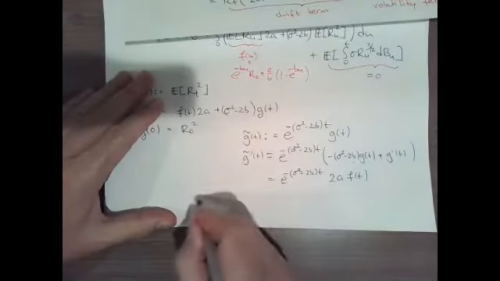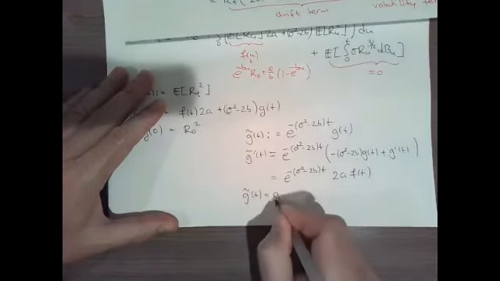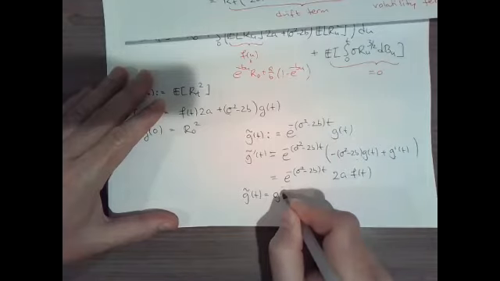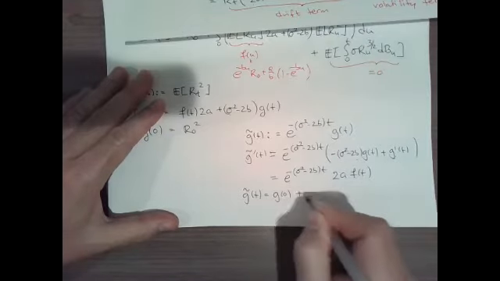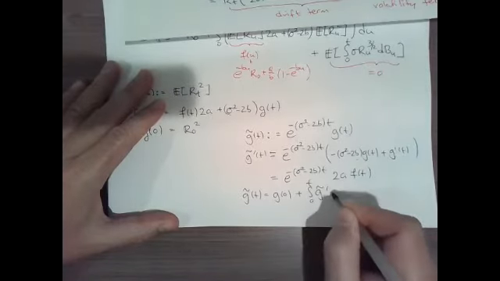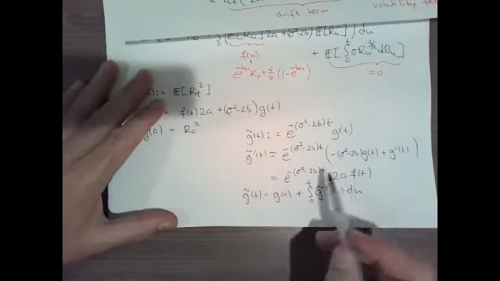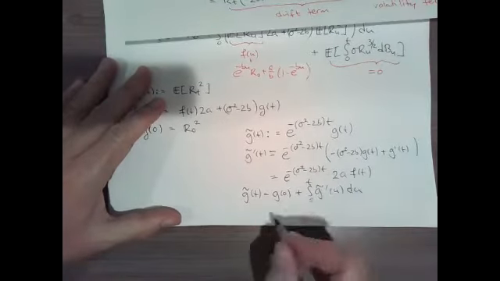You integrate up. You're going to say that g tilde of t is going to be equal to the initial value. This is g0. And then you integrate up the derivative, g tilde prime of u du. And now you have a nice expression for that, which does not involve g at all.